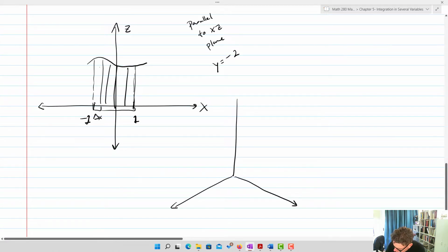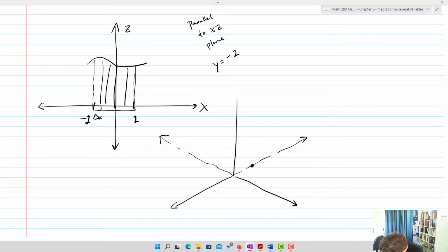Okay. So again, what we said before is here I am at x equals negative 1, and the surface kind of looks like this over x equals negative 1, actually at y equals negative 2, and it looks like this there.